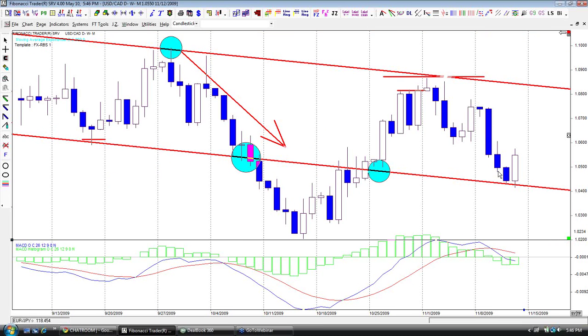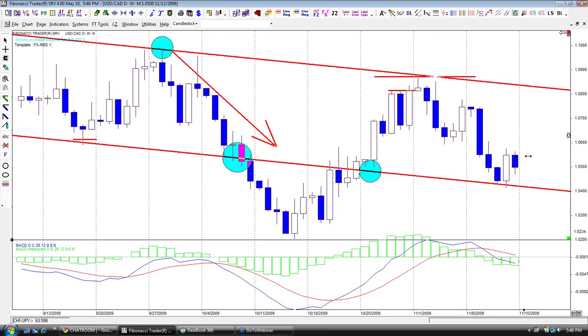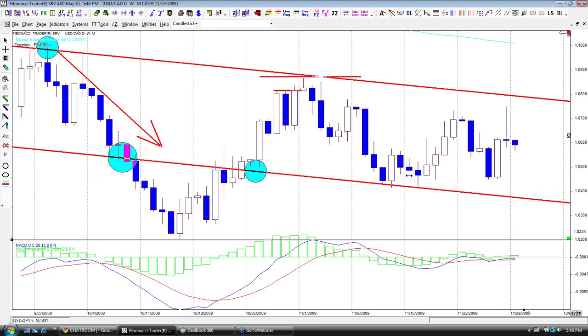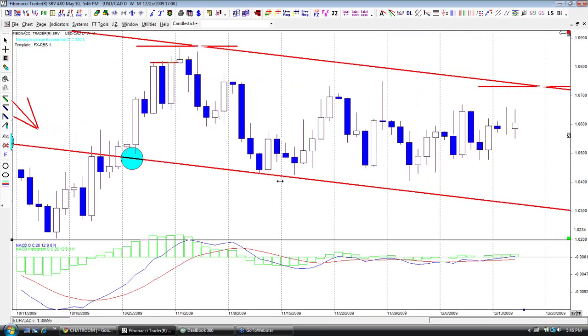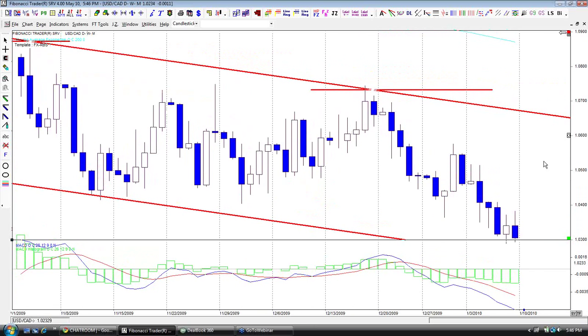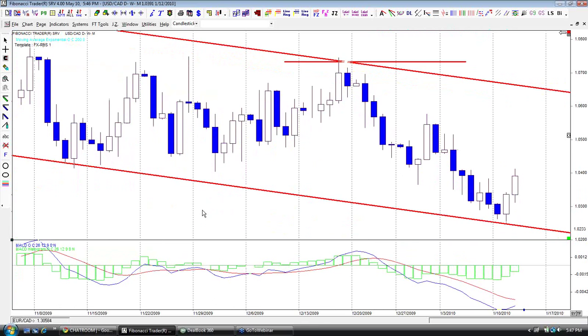Once we get close to the bottom side, I'll start looking for bullish butterfly, bullish head and shoulders, and again and again. Those higher time frames are giving us the direction.